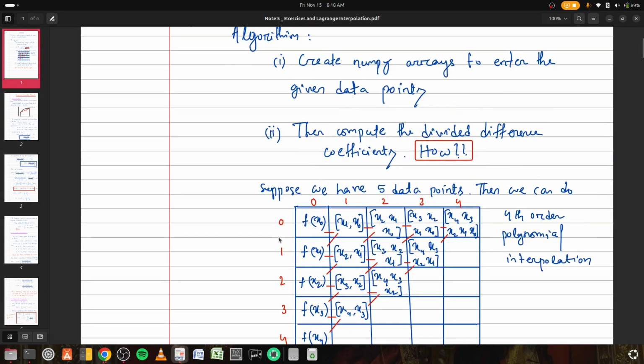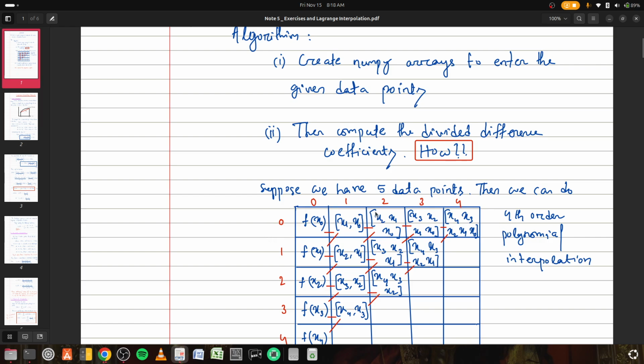So the elements in the first row are the actual coefficients. This is the value of C0, and this is the value of C1, this is the value of C2, this is the value of C3, this is the value of C4, and there will be a value of C5.